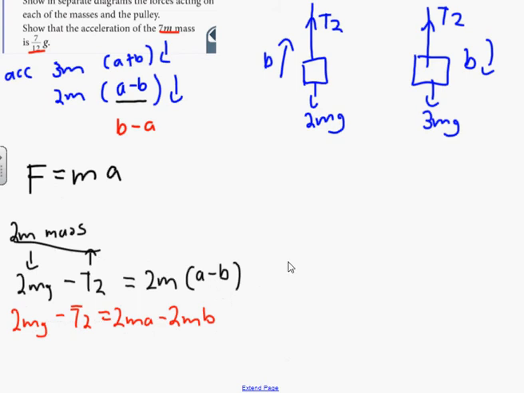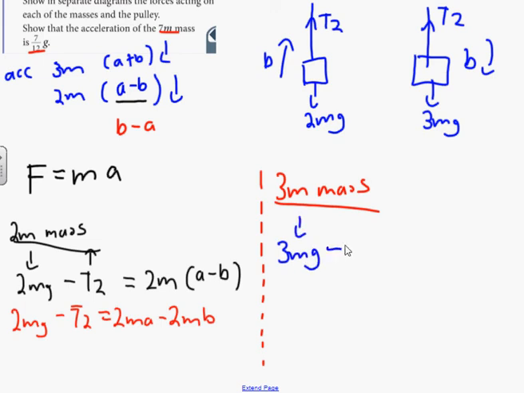Okay, guys. So what about the next one, guys? We're going to look at this one here. So the 3m mass. So we know it's going down at A plus B. So we're going to get our 3 mg going downwards. We have our T2 pulling in the opposite direction, supporting it upwards.